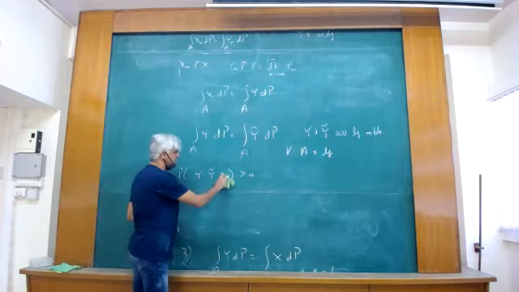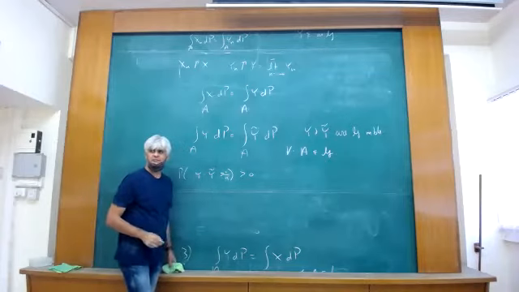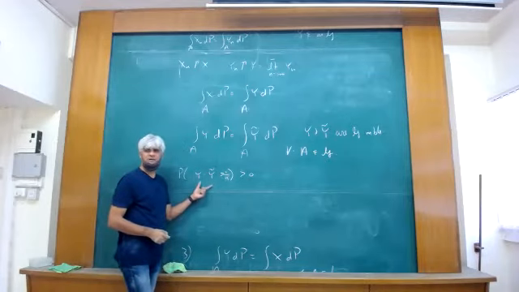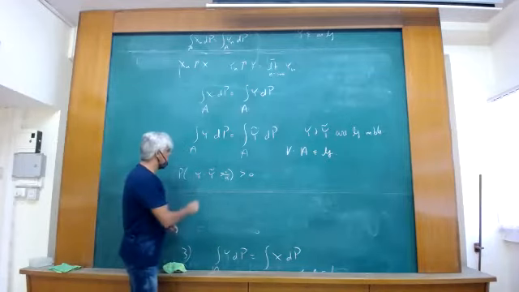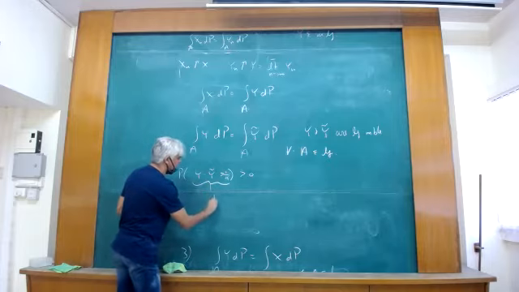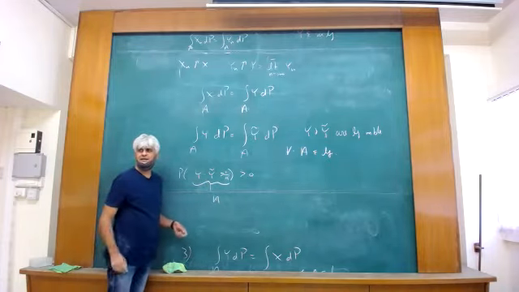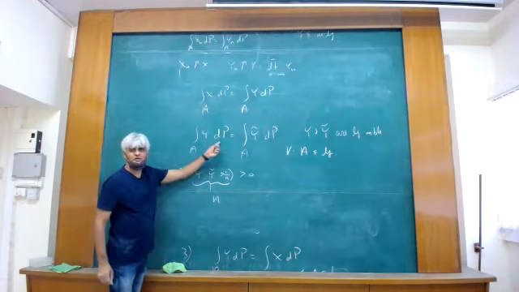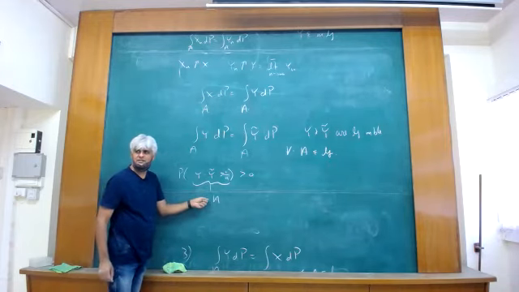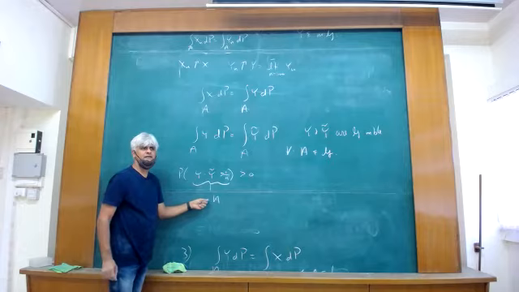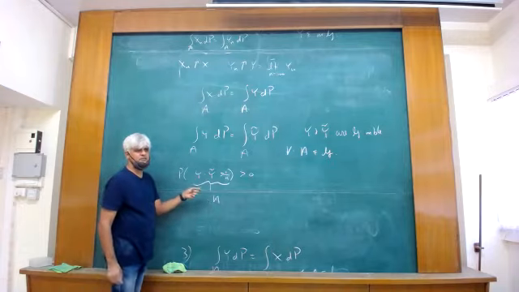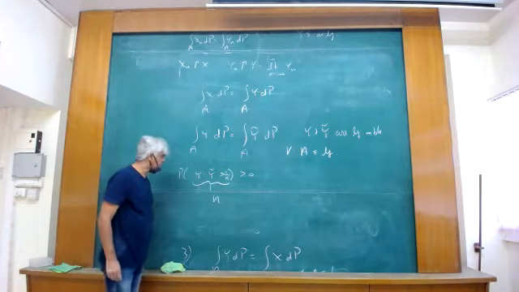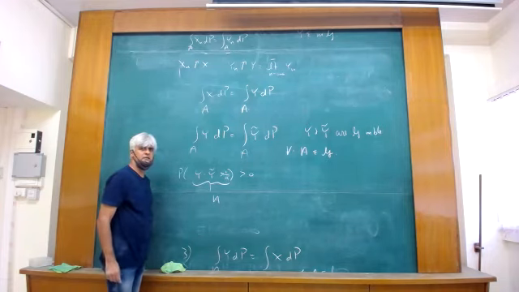This would mean that there's some n such that y minus y tilde is greater than 1 by n with positive probability. Now you take this set to be A, and the integral is supposed to be equal to 0. And now you get a contradiction. Right? Something which is 0 is also strictly positive. That's what happens.